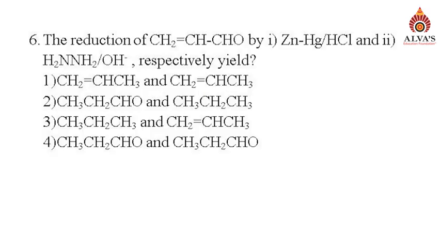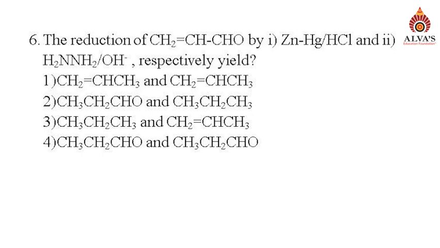Next, question number 6. The reduction of CH2 double bond CHO by zinc mercury amalgam in HCl and hydrazine in basic medium respectively yield. Alright.